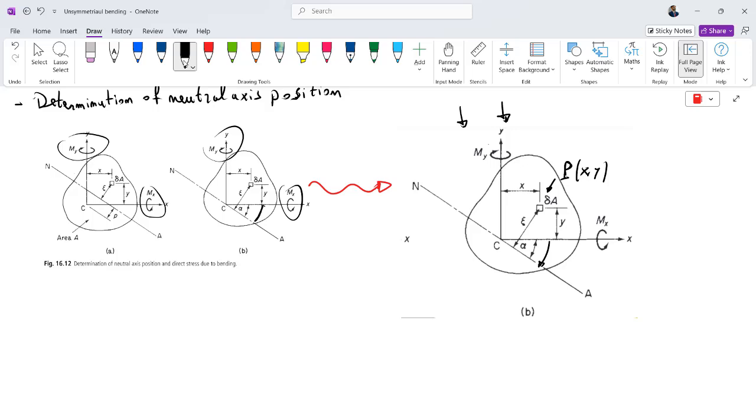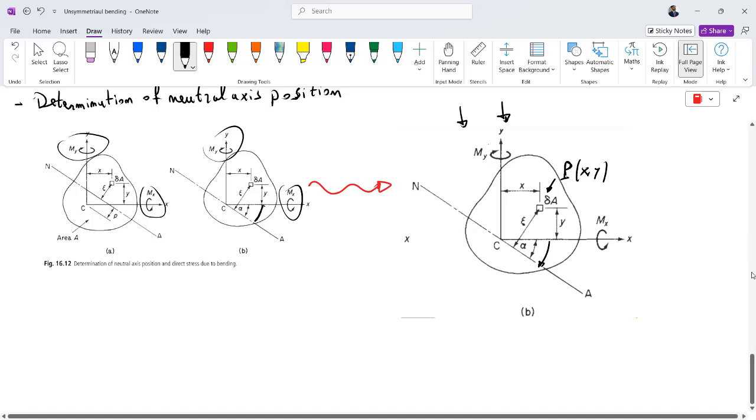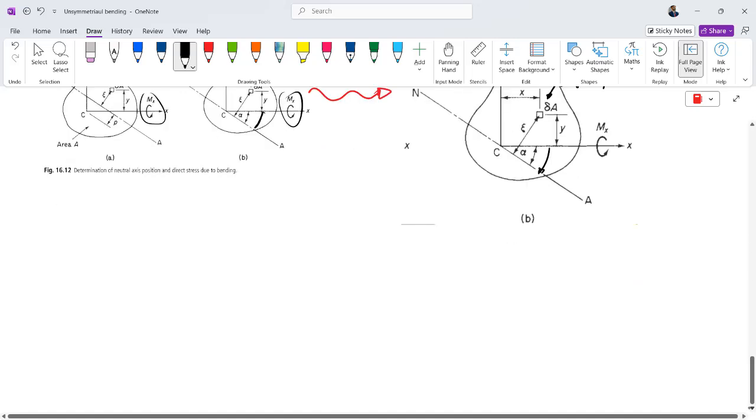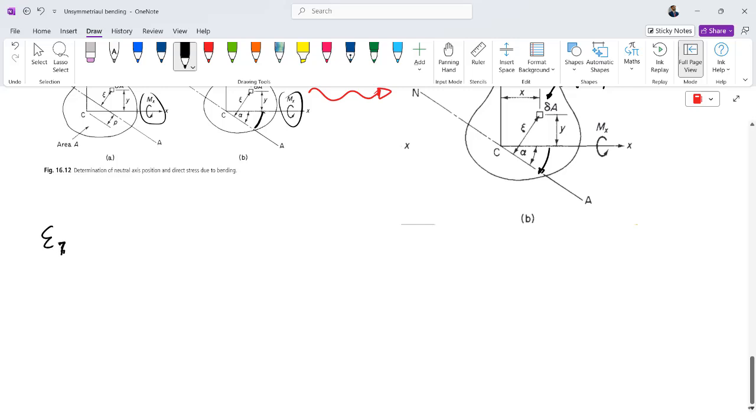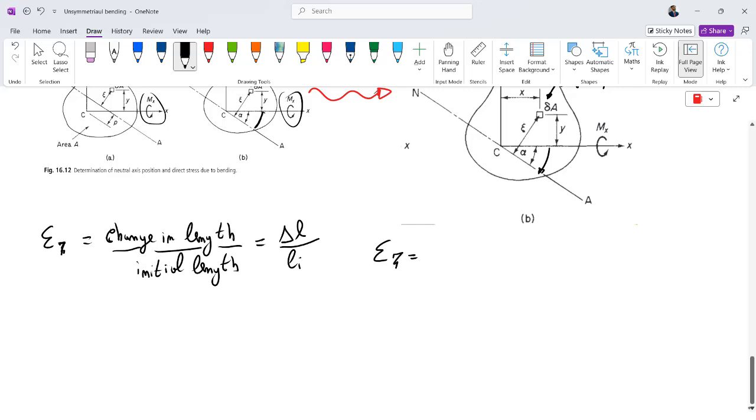As made for the symmetrical bending, where we have a change in length, the strain epsilon z is equal to the change in length divided by the initial length, so delta L divided by L initial. We obtained from the previous lectures that epsilon z is equal to y divided by the radius r.